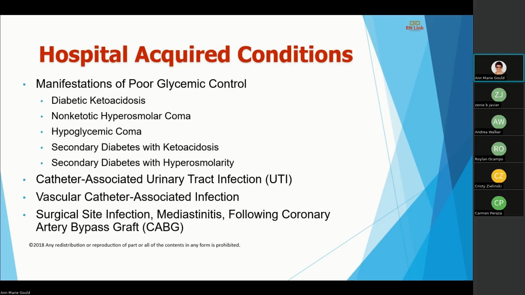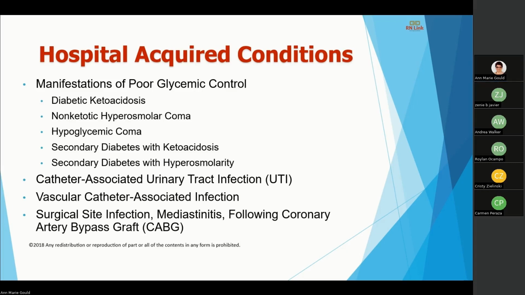But this is where the patient develops DKA or the non-ketotic hyperosmolar coma or hypoglycemic coma, or secondary diabetes with ketoacidosis, secondary diabetes with hyperosmolarity, that was not present on admission. They didn't control their diabetes very well for whatever reason. So they develop any of these issues, so it would be listed as a HAC.